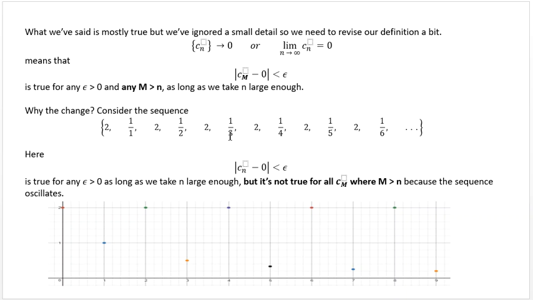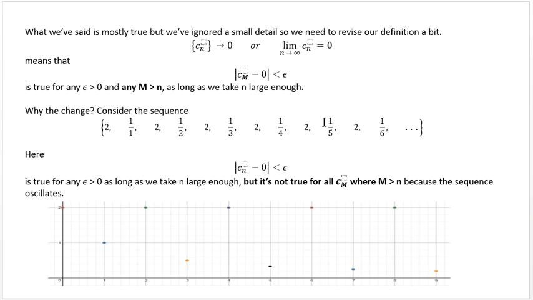Look at this sequence. We don't want to say that this sequence converges to 0. It doesn't converge to anything. But with our previous definition, we could always find an n such that this is true. Right? There's always some n such that we can get as close to 0 as we like.